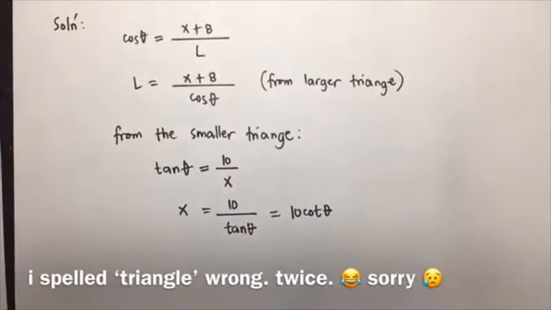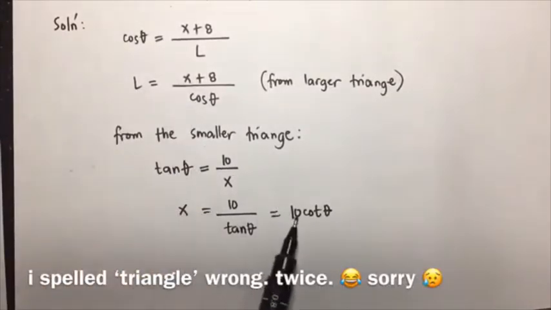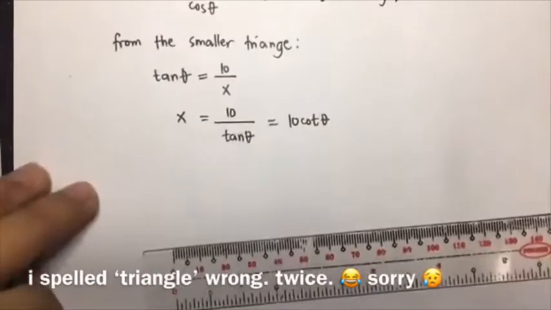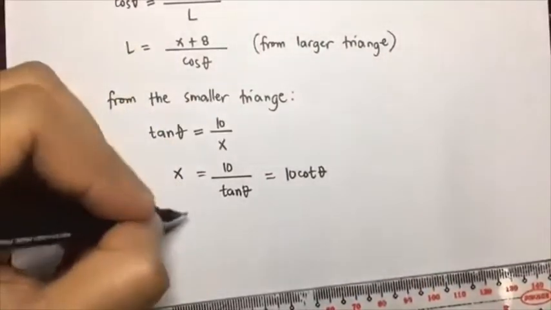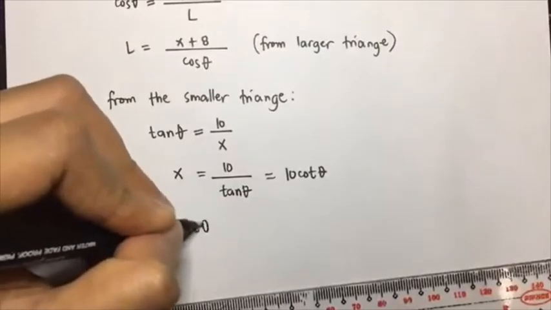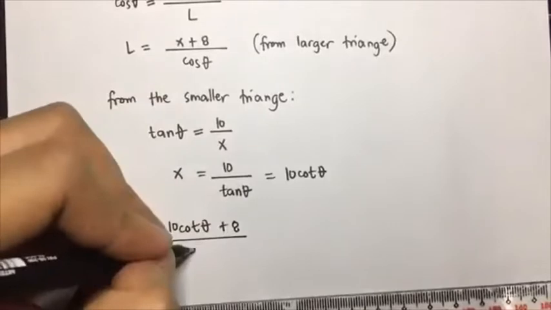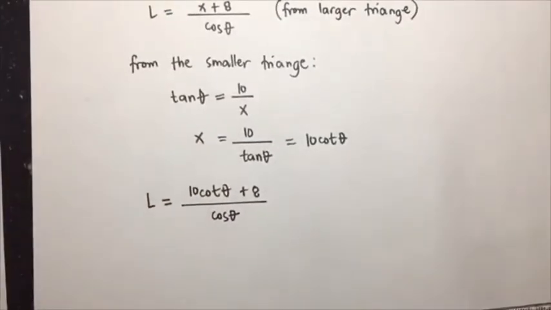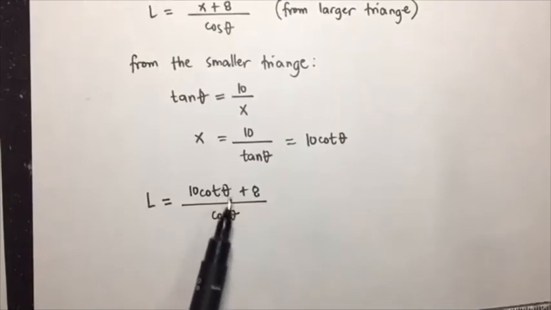Okay, so if we substitute x is equal to 10 cotangent theta in the x here, it will become 10 cotangent theta plus 8 over cosine of theta. Okay, so as you can see, our L now is a function of theta only. So we have eliminated x.